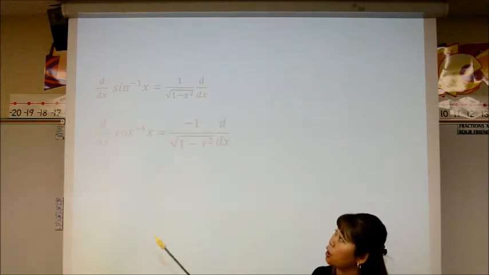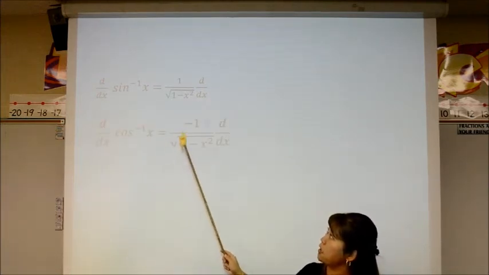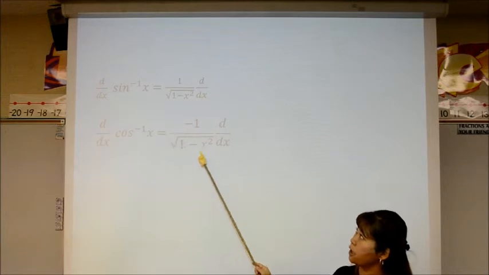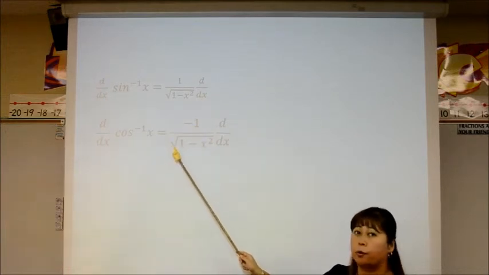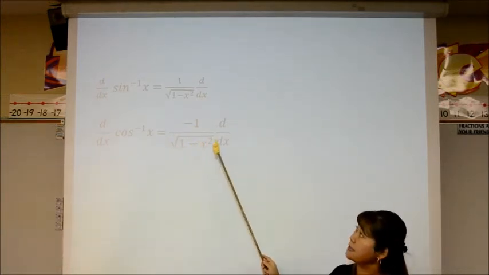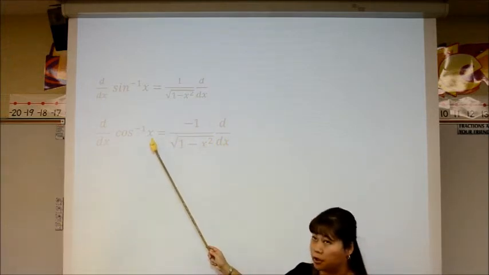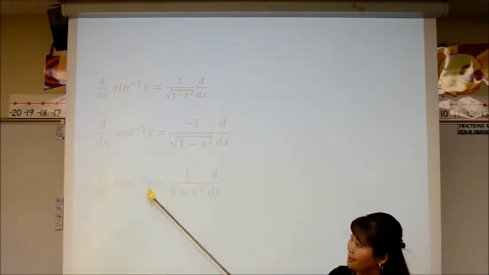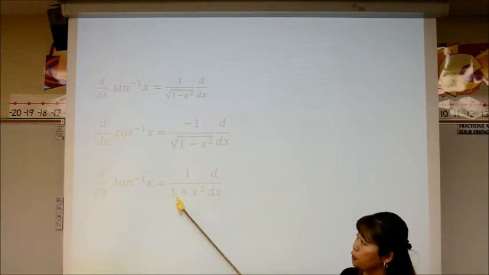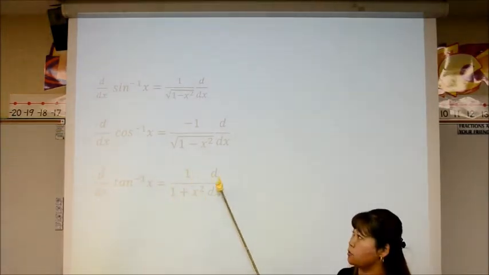We also have the arccosine. The derivative of arccosine is -1 all over the square root of 1 minus x squared, still times the derivative of x, so that doesn't change. The arctangent is the same thing: 1 over 1 plus x squared, times the derivative of x.